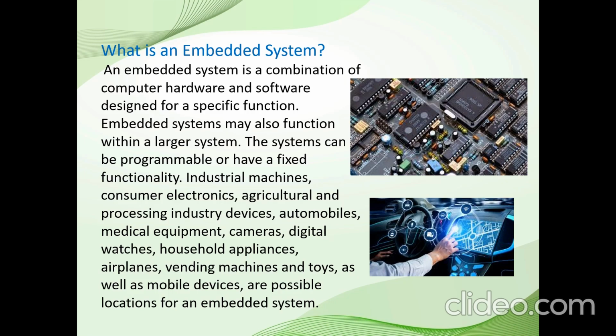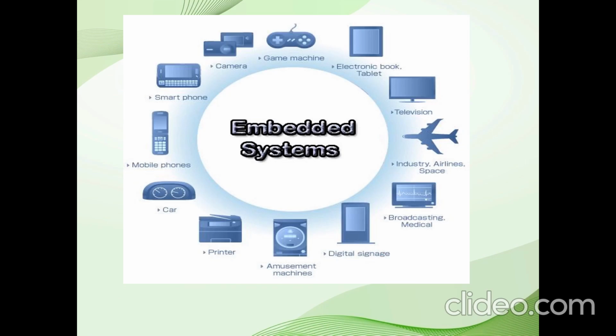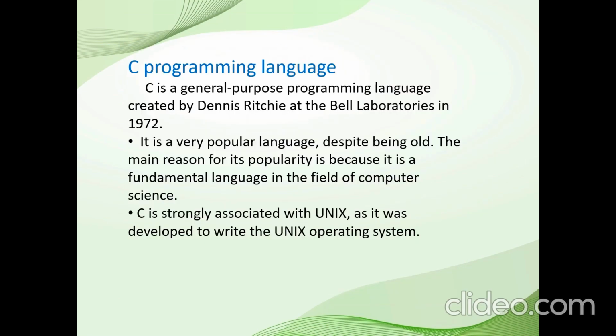There are so many examples in our day-to-day life: consumer electronics, industrial machines, agricultural and processing industry devices, automobiles, cameras, digital watches, household appliances, airplanes, vending machines and toys, as well as mobile devices and medical equipment. There are so many more. So these are the examples.